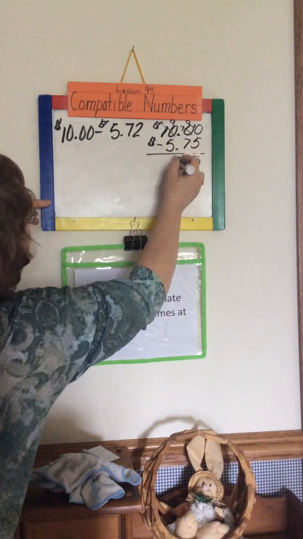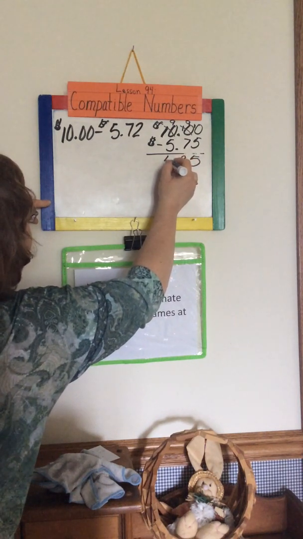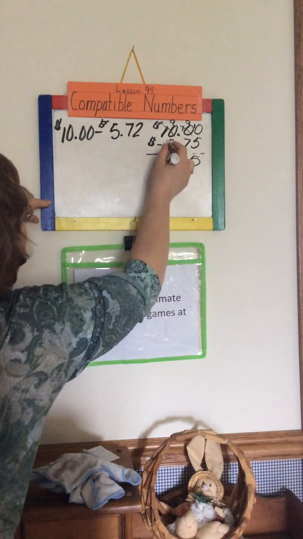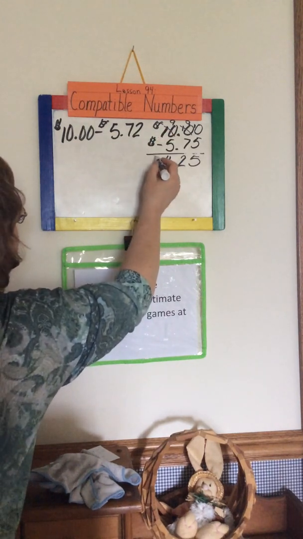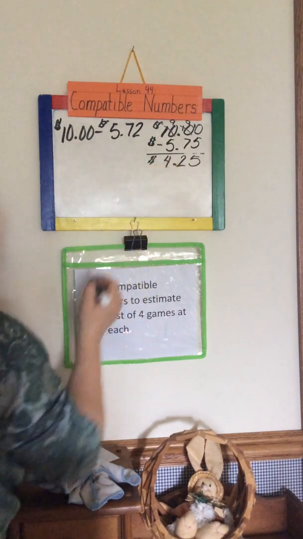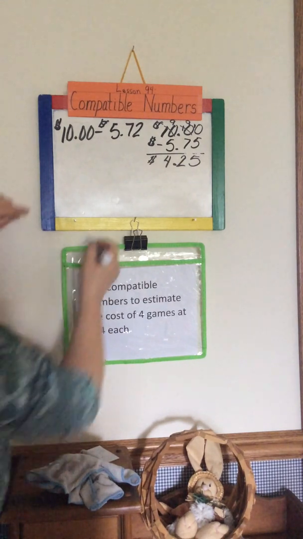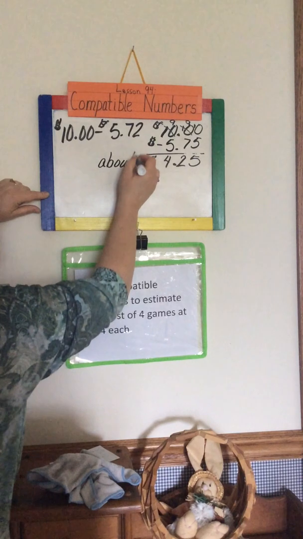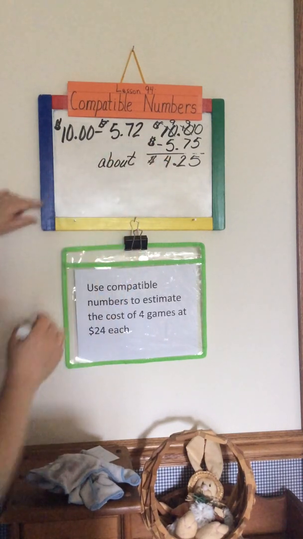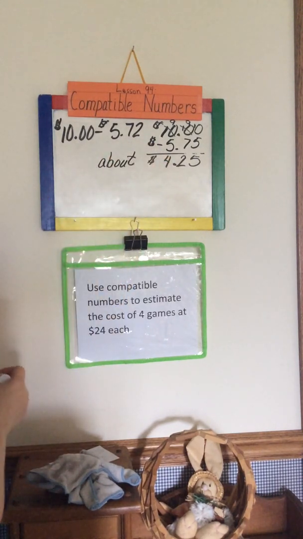Decimal point. 9 take away 5 in our ones is 4. And we have nothing left in our tens anymore. So our answer is $4.25, but we have to add the word about because remember, compatible numbers means to estimate.